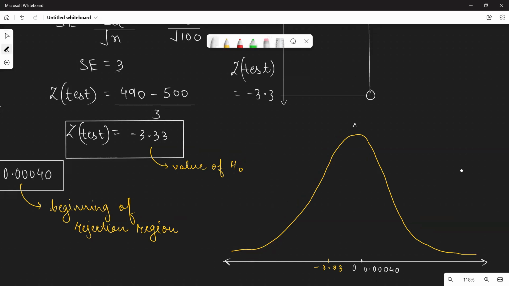So the Z test estimated calculated value is nothing but the H naught value. This is the place from where rejection starts.